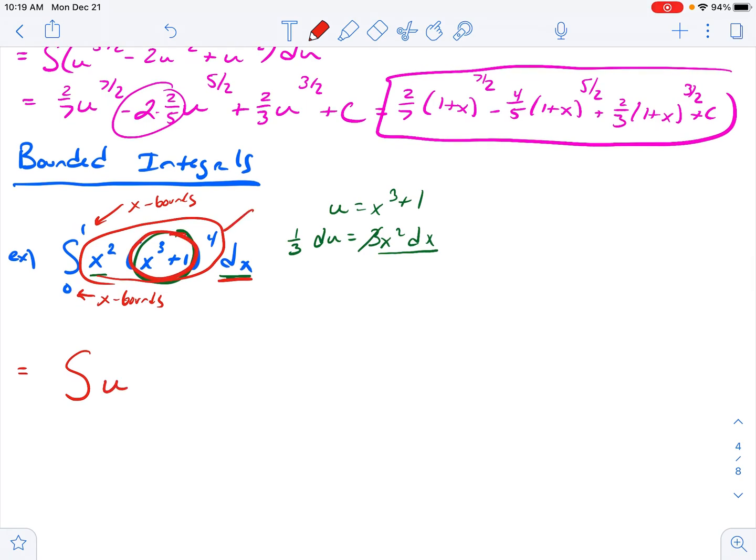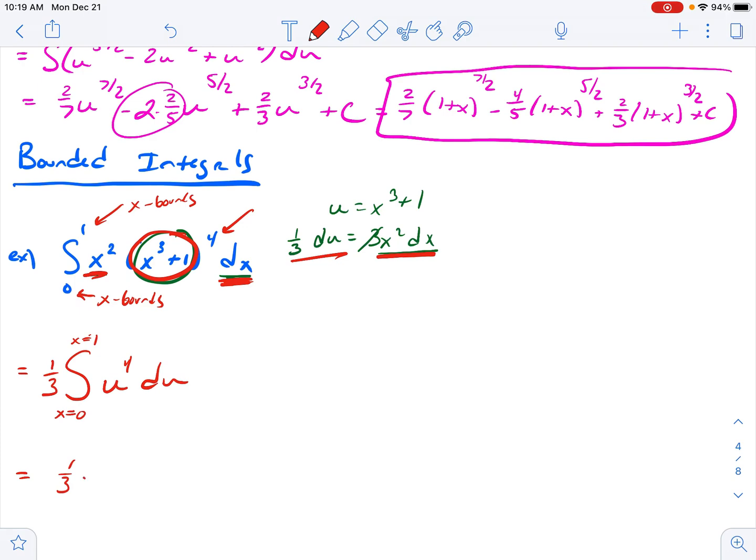U is our quantity being raised to the 4th. X squared dx became a 1/3 du. What I'm not going to do is replace the x bounds of 0 and 1. I can write this as x goes from 0 and x goes to 1. But I'm not going to sub those in for u. So I'm going to leave those in terms of x.